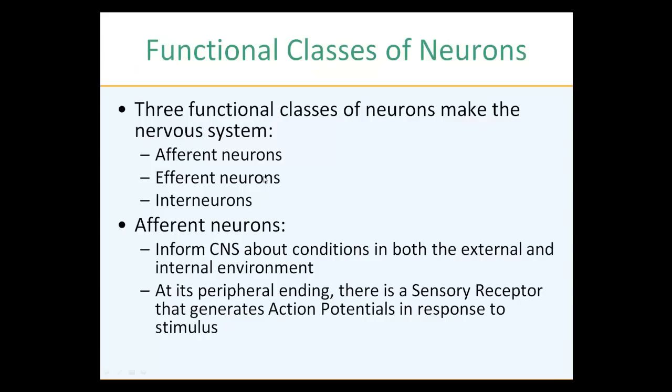So we agreed that we have afferent neurons and efferent neurons. What's really interesting and important about the central nervous system is that category right here, which are the interneurons. Now the afferent neurons will inform the CNS about conditions in both the external and internal environment.